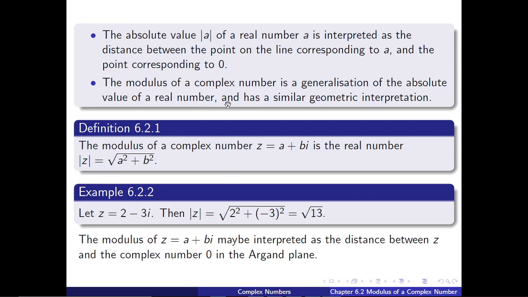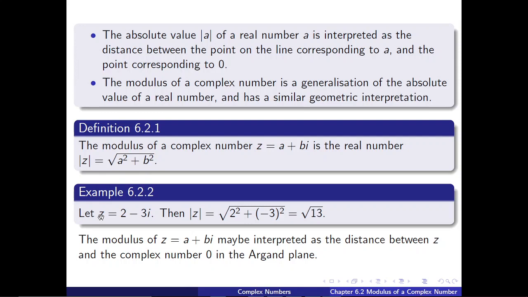And so the modulus of a complex number becomes a generalization of this notion of an absolute value of a real number, and it has a similar geometric interpretation, as we shall see. So the modulus of a complex number z, which is equal to a plus bi, is the real number, the square root of a squared plus b squared.